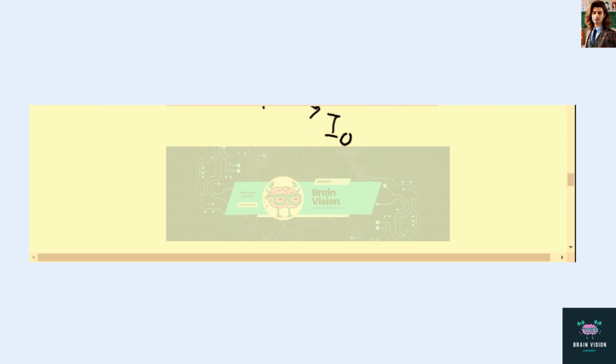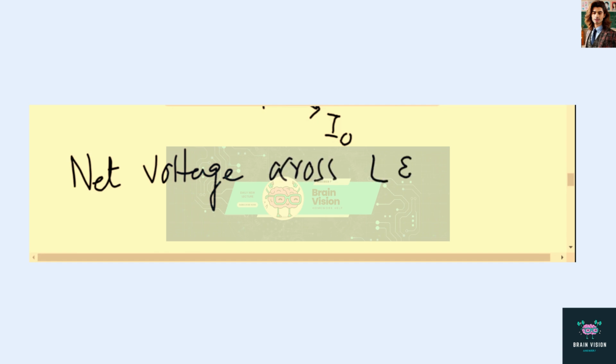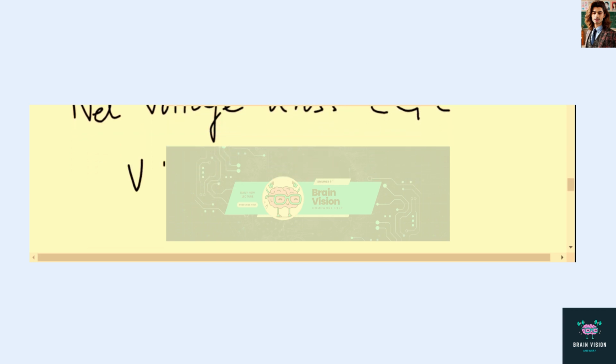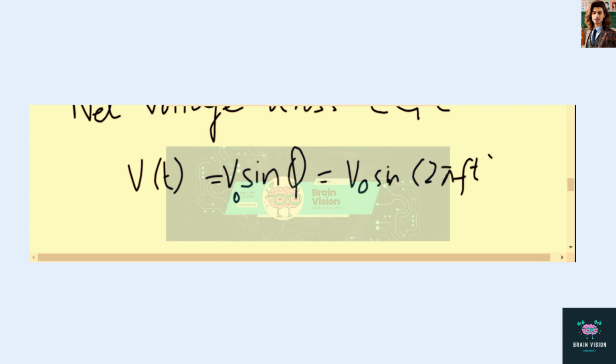So next we need to find out the net voltage across L and C. So V(t) is equal to V naught sine of the angle, so that is V naught sine 2 pi f t.